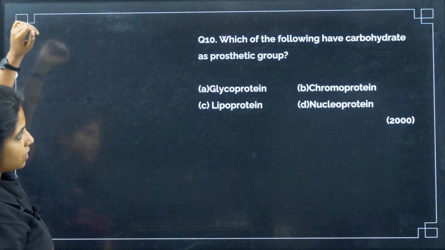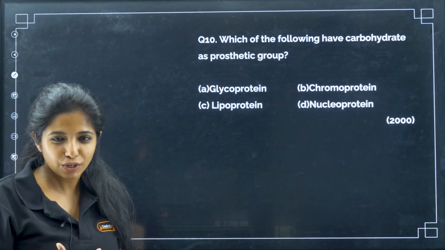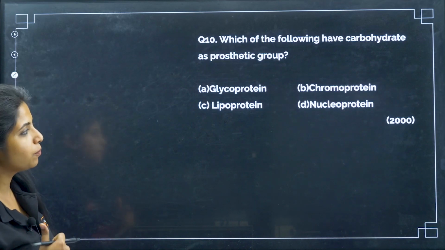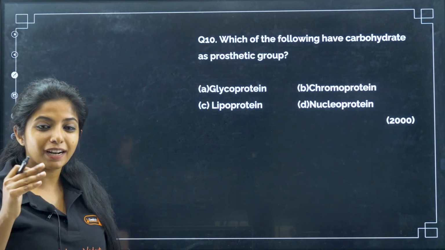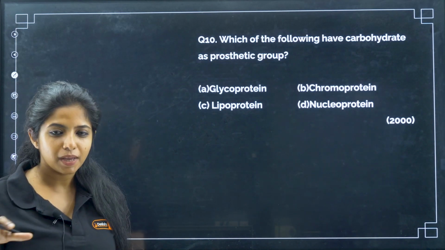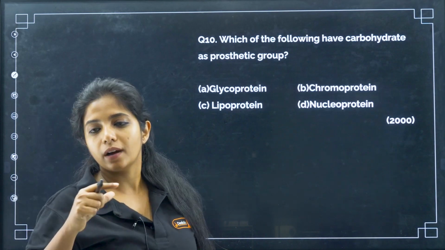Okay, next, which of the following have carbohydrate as a prosthetic group, as an additional group? Glycoprotein, chromoprotein, lipoprotein, nucleoprotein. Carbohydrate is usually recognized by the word glyco: glycogen, glucose, then glycoprotein, glycolipids. The glyco term signifies carbohydrate.